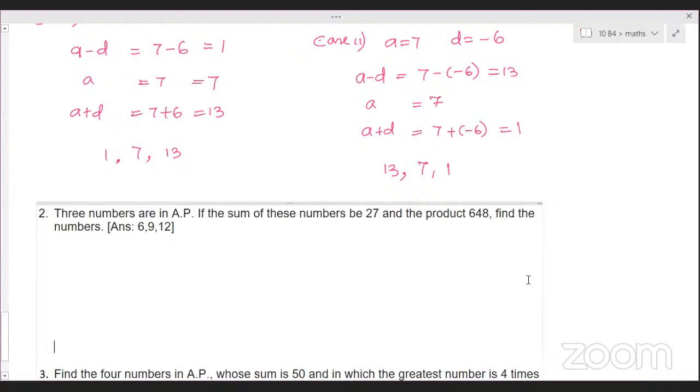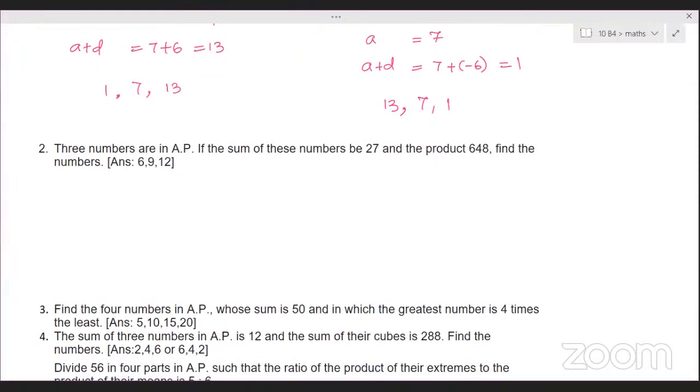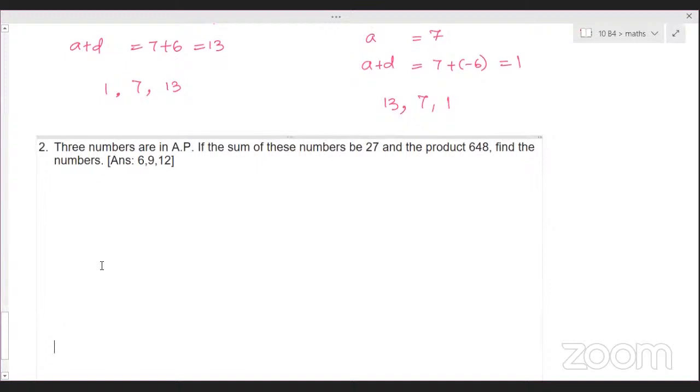Yes, how to solve the second one? Sia, can you tell? Sia? Sia, are you there?